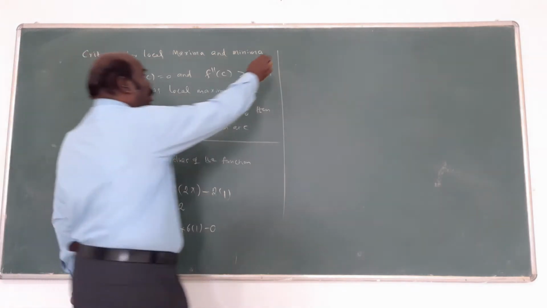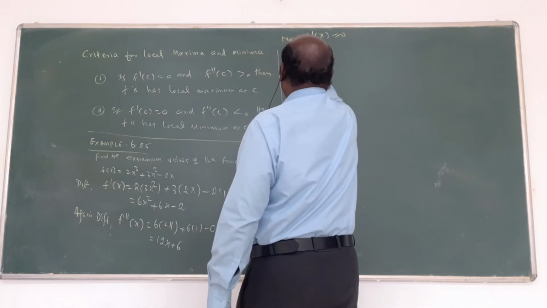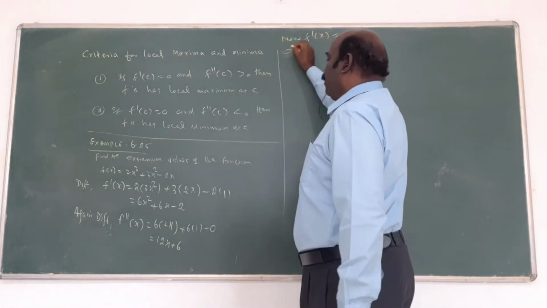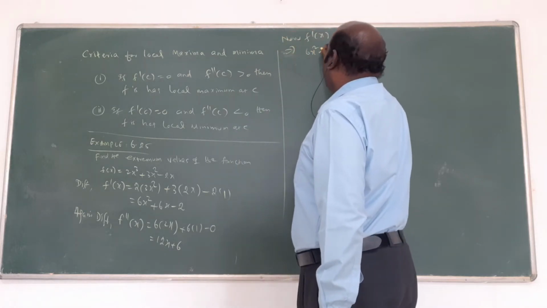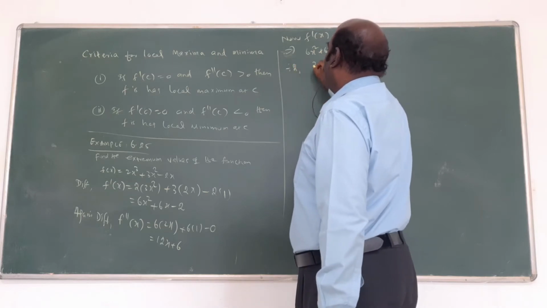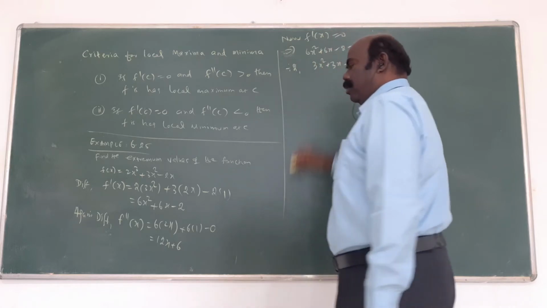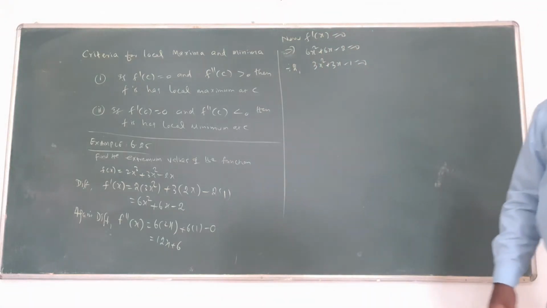Now what I got to do? Equate the first derivative to 0. What is the first derivative? 6x square plus 6x minus 12 equal to 0.